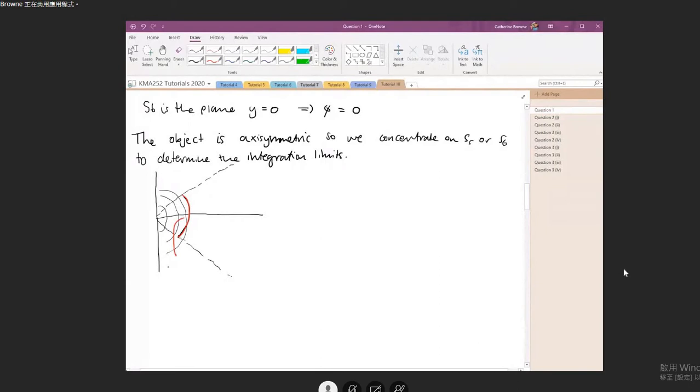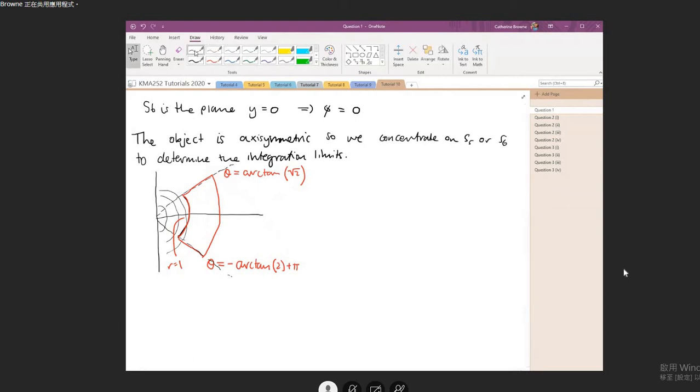So that's r equals 1. And then we've got the conical parts that form that boundary, and so they're at constant angles. So this one is at theta is minus arctan 2 plus pi, and this one is at theta is equal to arctan square root of 2.